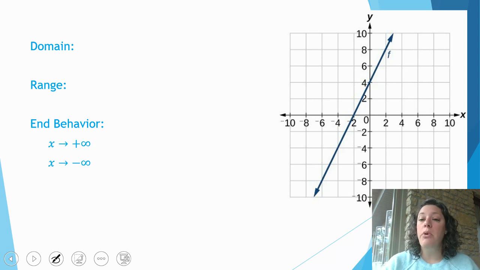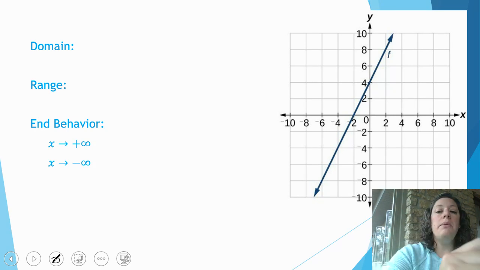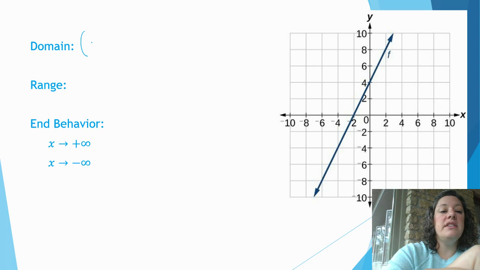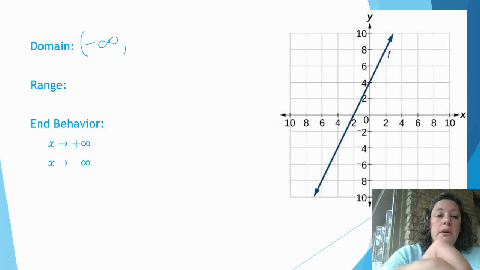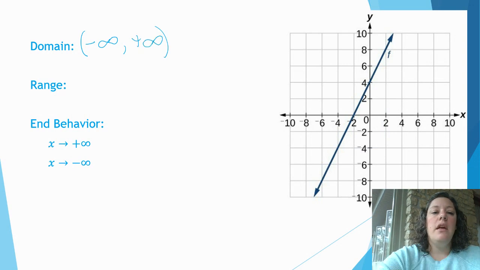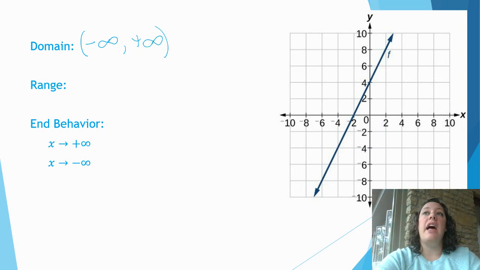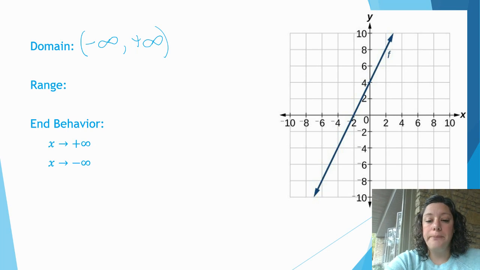It's going to continue both to the right and to the left forever. So for domain, we're going to say that the leftmost endpoint, if you will, and I'm air quoting that, is negative infinity, and the rightmost point is positive infinity. So this graph will continue to go to the left forever and to the right forever.